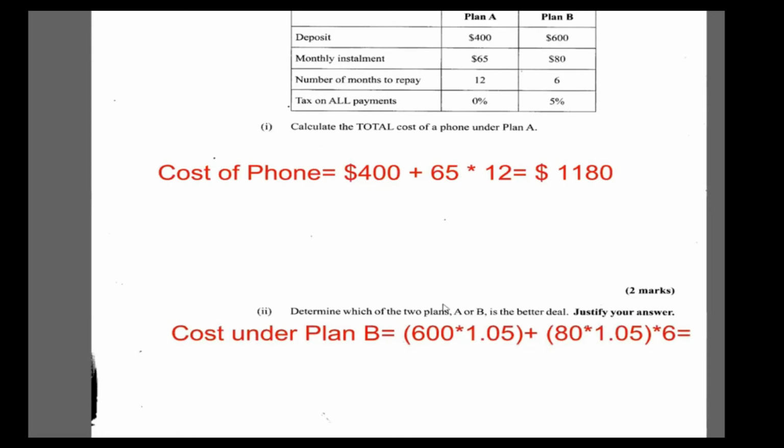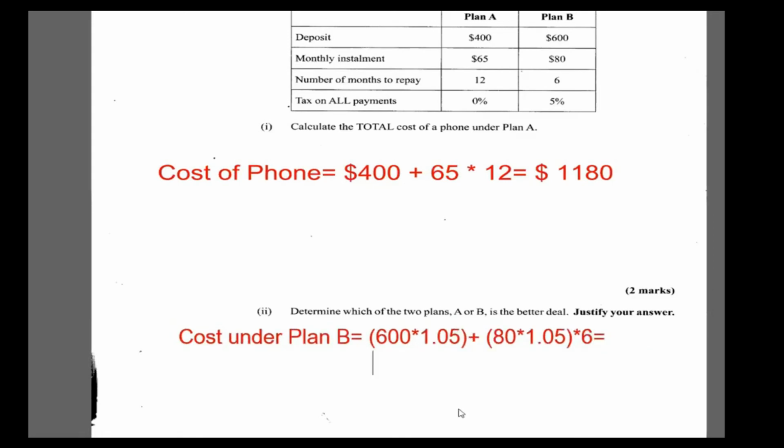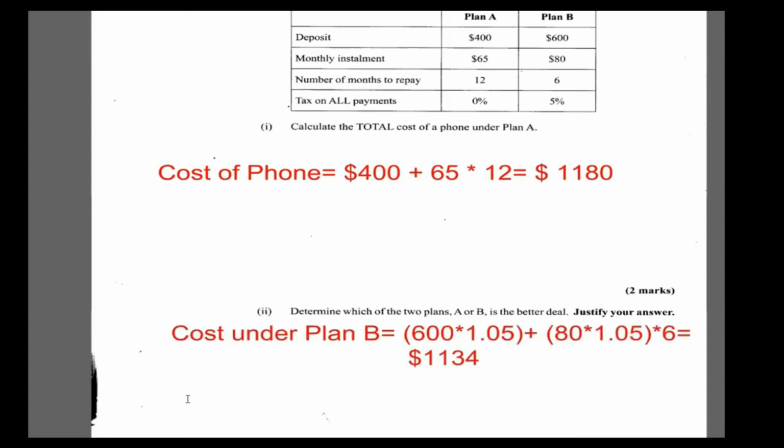So Plan B is actually, even though you're paying taxes, the better one, $1,134. And so, since Plan B is cheaper, then Plan B is a better deal for customers.